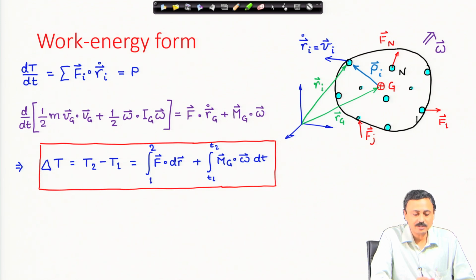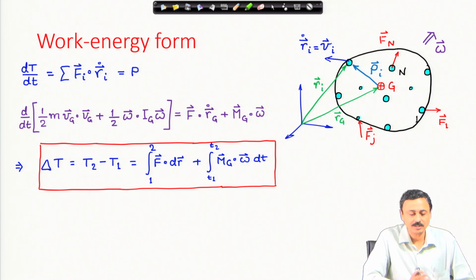Now, change in kinetic energy means total kinetic energy, translation and rotation. So, T indicates the total kinetic energy of translation and rotation, this total sum. The change in this sum is equal to the integral of F dot dr, which is work done on the system by the net force, and this is of course on the center of mass.